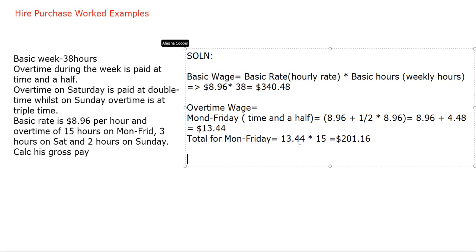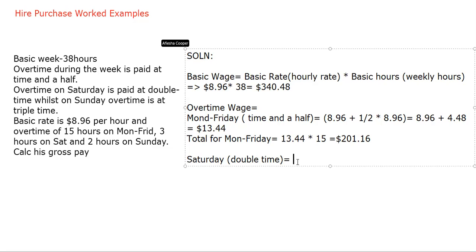Now we do Saturday. And Saturday is calculated at double time. So remember, what is time? Time is your basic rate. So if it's double time, then we know that's time by 2, right? So time plus time, or time multiplied by 2.